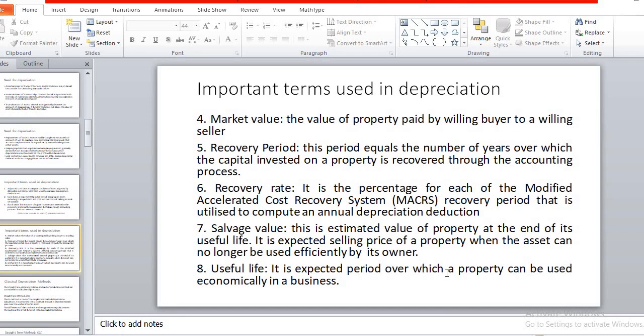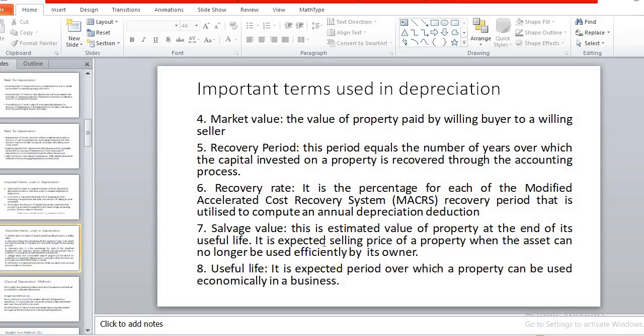So market value, recovery period. The recovery period is nothing but how much time we require to get back the capital invested in that business, and at what rate we should get that invested amount back, that is the recovery rate, which we can express in percentage.